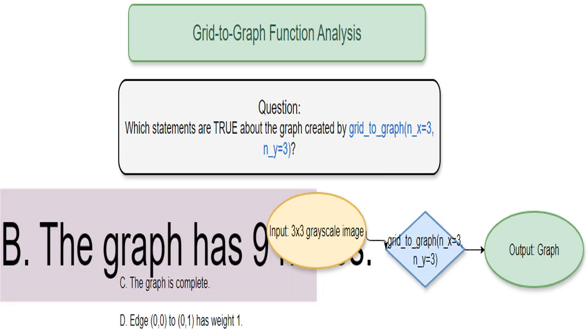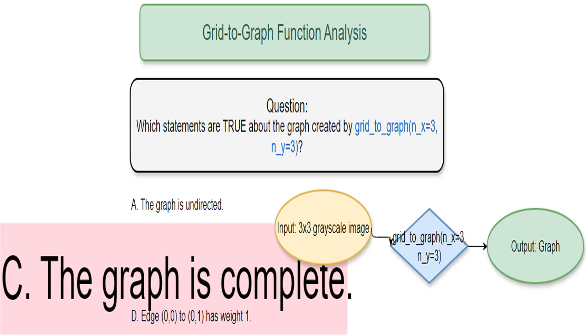Statement B claims the graph will have 9 nodes. I'll check if that matches the size of our input grid, a 3x3 image: 3 rows * 3 columns equals 9 nodes. Statement C suggests the graph is complete, where every node connects to every other node. I need to find out if grid_to_graph produces such a highly connected graph.